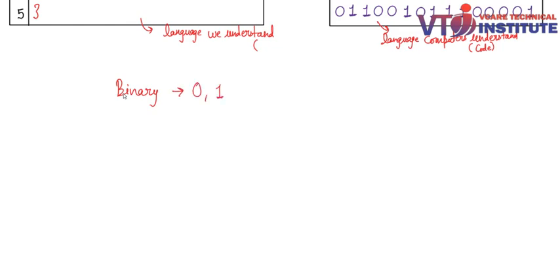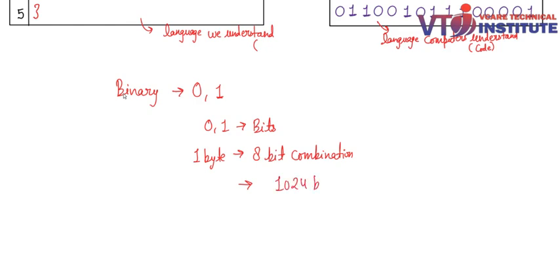This is called binary, and each 0 or 1 is called a bit. An 8-bit combination, meaning 8 times 0 or 1, is called 1 byte, and when 1024 bytes combine, it is called 1 KB, and when 1024 KB combine, it is called 1 MB.